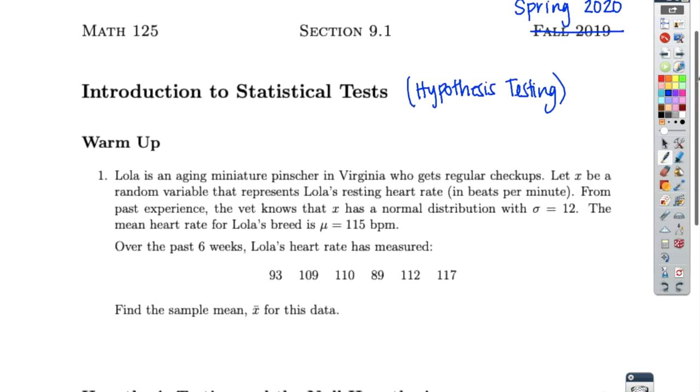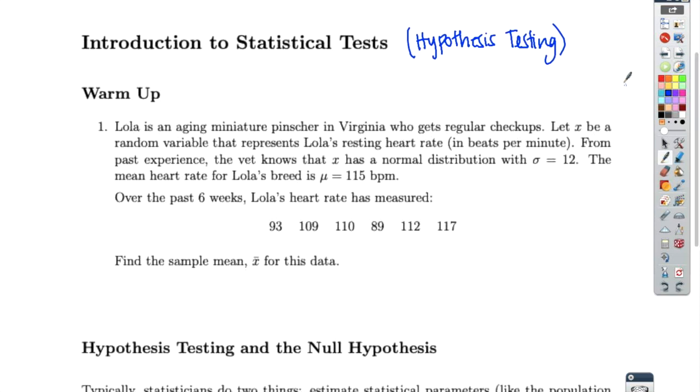The warm-up says, Lola is an aging miniature pinscher in Virginia who gets regular checkups. Let X be a random variable that represents Lola's resting heart rate in beats per minute. From past experience, the vet knows that X, the heart rate random variable, has a normal distribution with population standard deviation, sigma, equals 12.